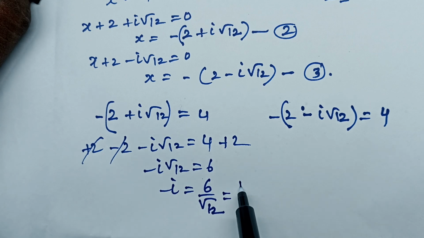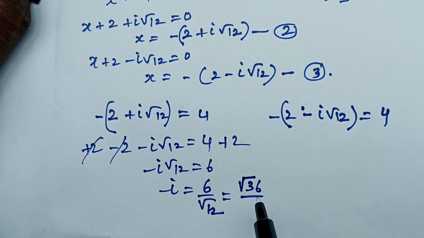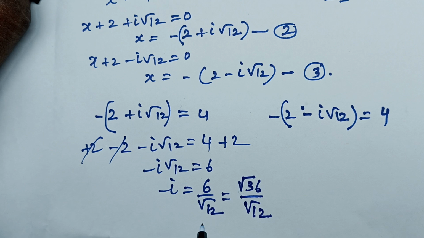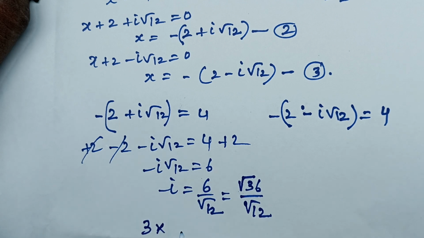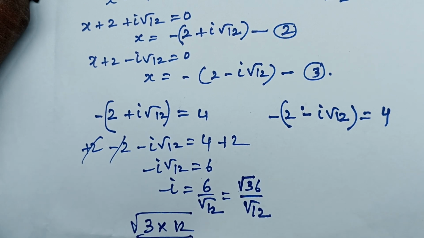6 can be written root of 36 by root 12, equal to root of 3 into 12 by root of 12.